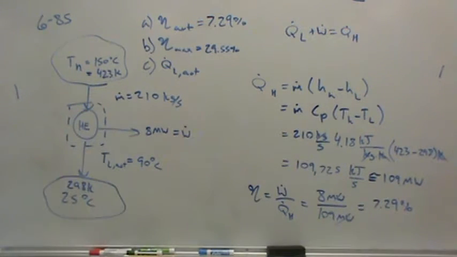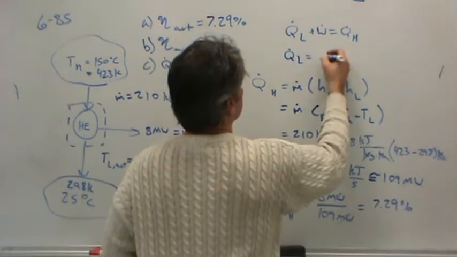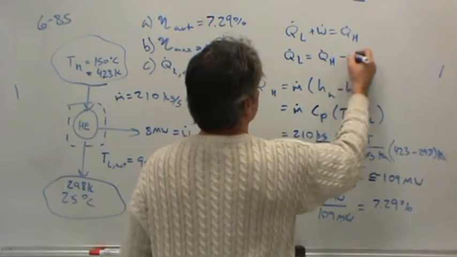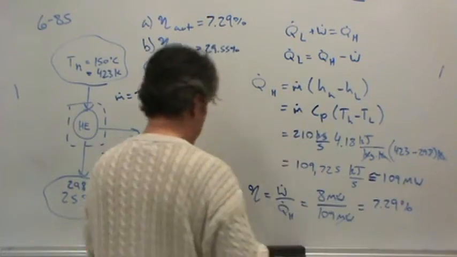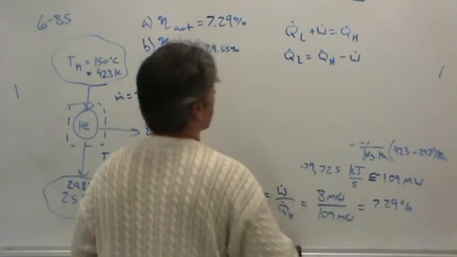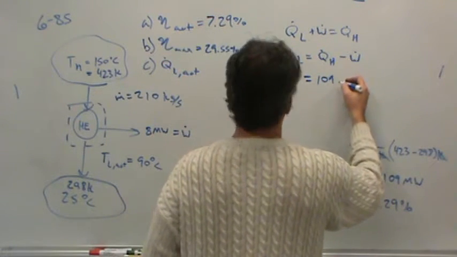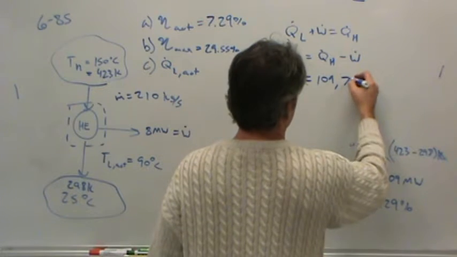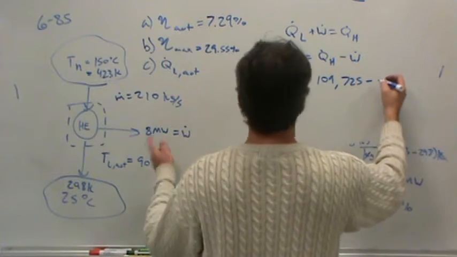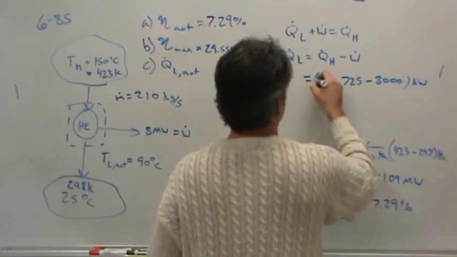So the sum of these two outputs here is just the input because of an energy balance around the heat engine. So we can calculate Q dot L, it's pretty easy. It's just the rate at which thermal energy enters the system in the form of heat, less the rate at which work comes out. So that's just 109, let's keep the whole thing, 725 less 8,000, this is of course kilowatts for both of these.